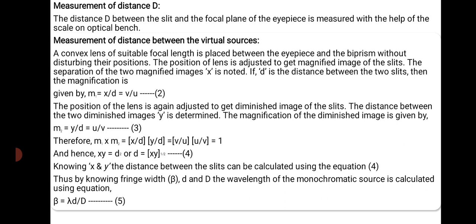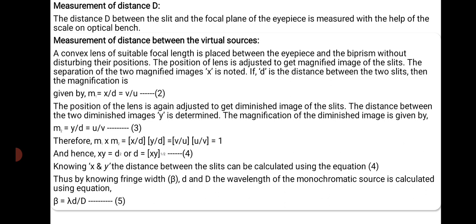The position of the lens is adjusted to get a magnified image of the slits. The separation between the two magnified images, x, is noted. If small d is the distance between the two slits, then the magnification is given by m is equal to x by d, which is equal to v by u, image distance divided by object distance.